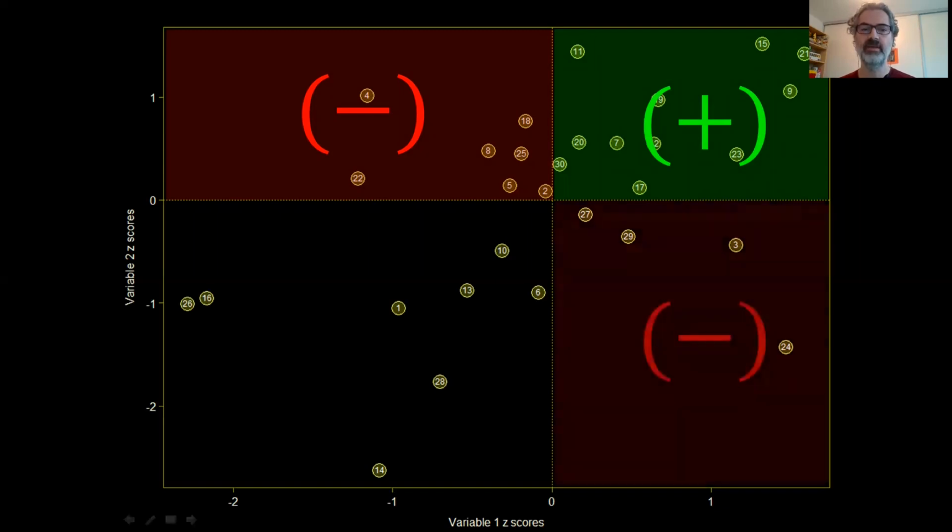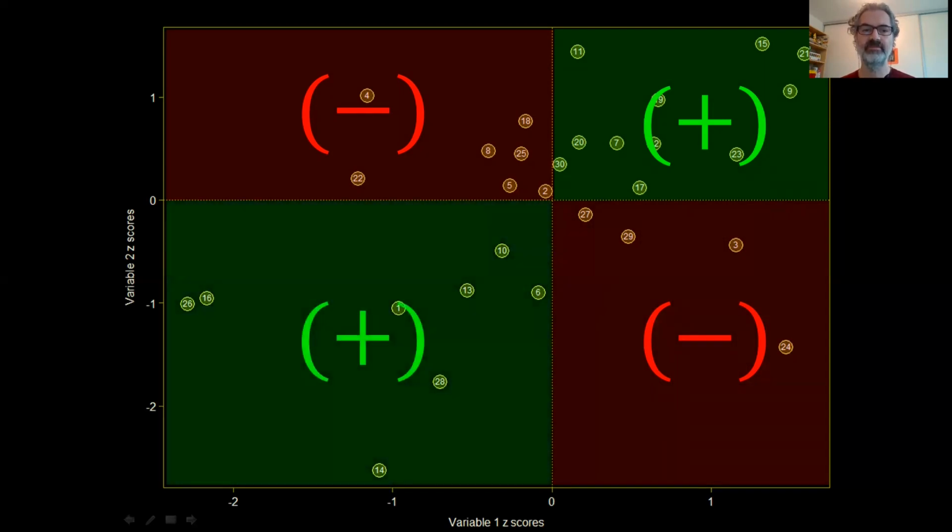For all 4 of them, it will be a negative number. And finally, for the 8 data points that are in the bottom left quadrant, we will have a positive product because for these points, both variables are below their respective means. So both their zx and their zy will be negative, and the product of two negative numbers is positive.